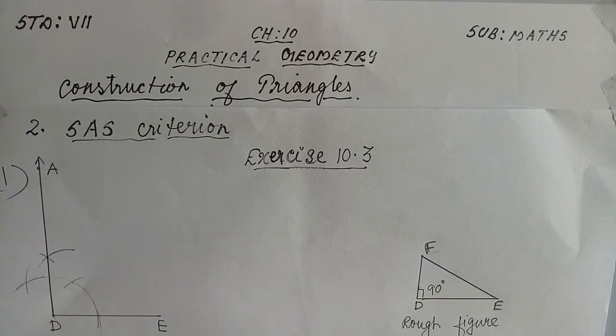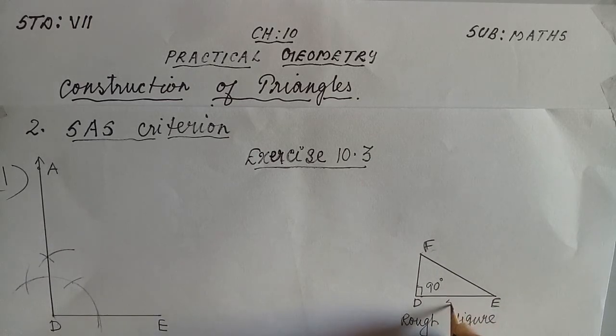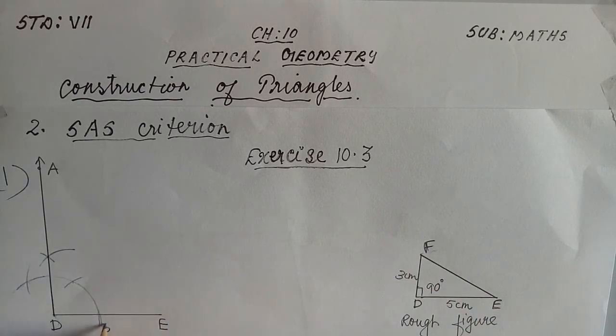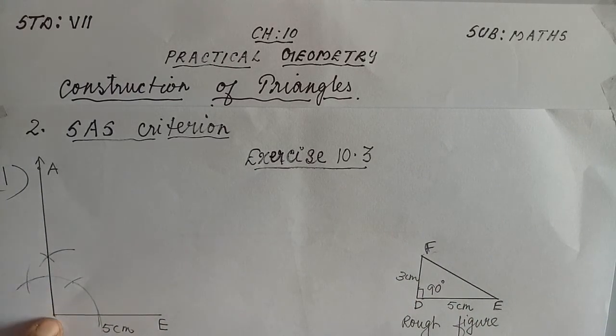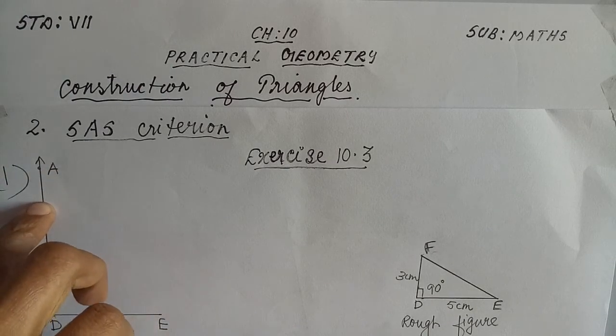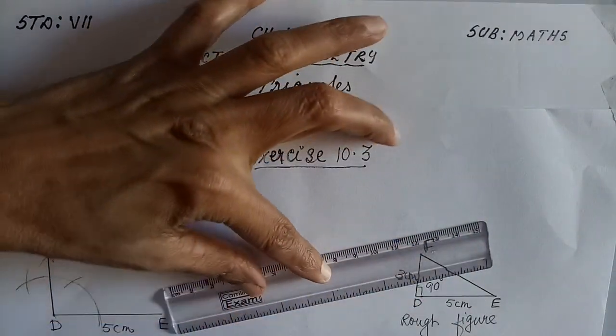And in this DA, with center D and a radius 3 centimeter, because you know that. Here DE is 5 centimeter, and this is 3 centimeter. Already we have drawn 5 centimeter. Now with center D and radius 3 centimeter, draw an arc to cut this DA at one point and mark that point as F. So you have to take 3 centimeter using your scale.